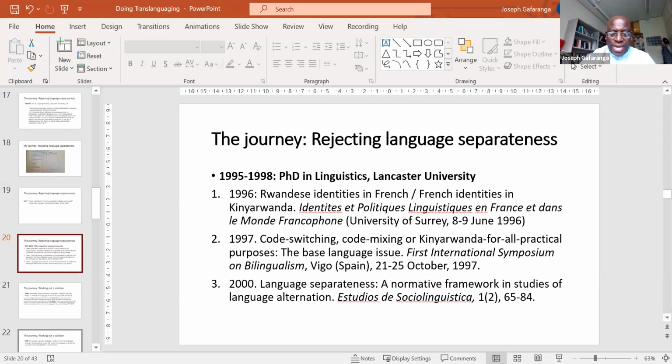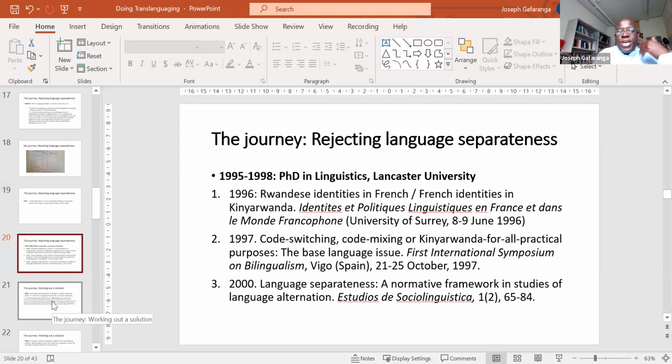And this will later come together in a paper I called Language Separateness, a Normative Framework in Studies of Language Alternation, where I was saying this framework is exactly what makes it difficult to account for bilingual language choice practices. So in a way, although it comes before translanguaging, you can feel there is a correlation there. It's again this dissatisfaction with the notion of language.